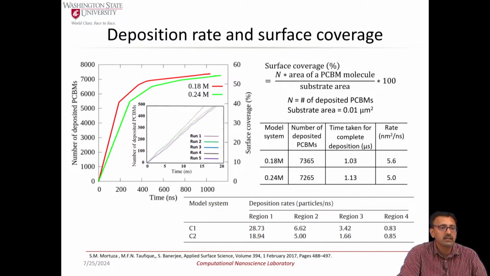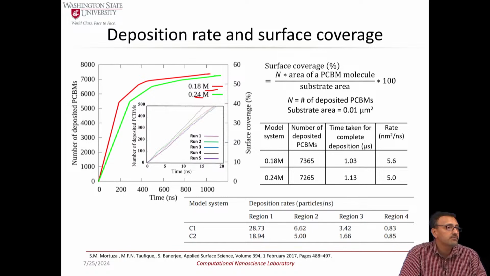For example, we can run these molecules, let's say PCBMs, at various concentrations in the solvent. In our case, the solvent we looked at was chlorobenzene. We can have a concentration of 0.8 molar or 0.24 molar, and we can vary these conditions. We can look at different temperatures. We can look at very different solvents.